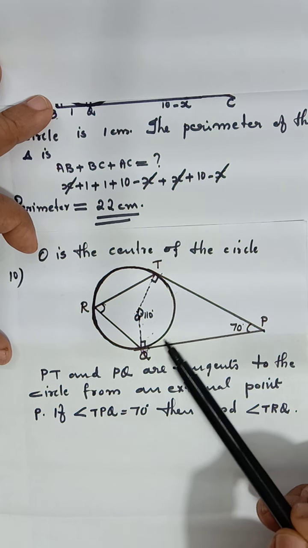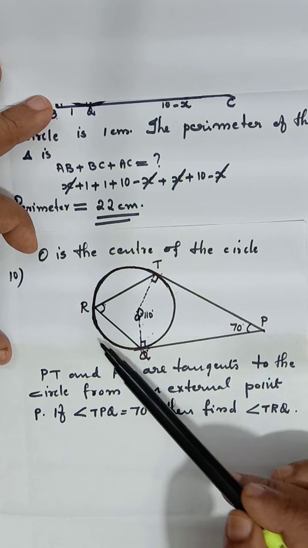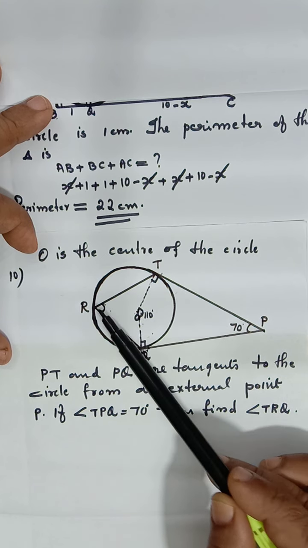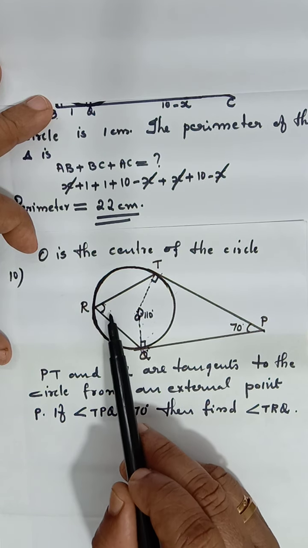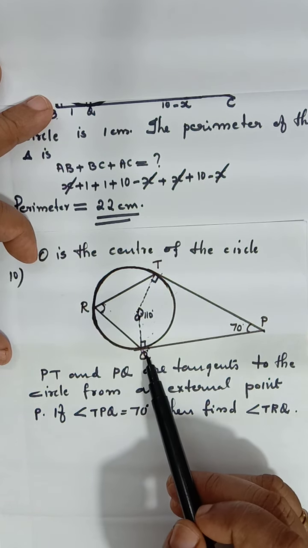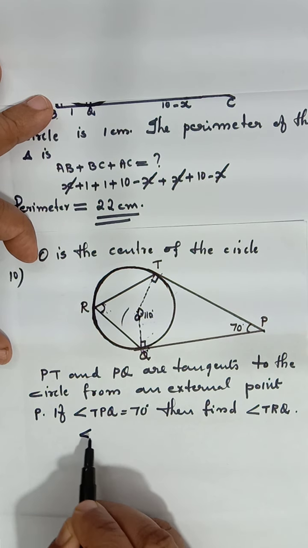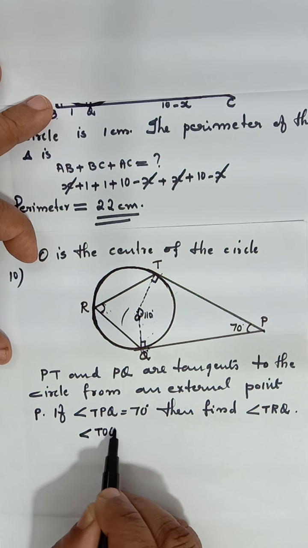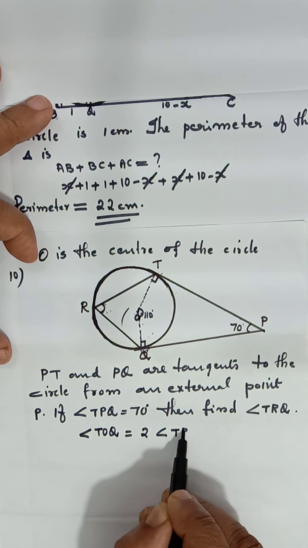The same arc TQ is forming another angle in the remaining part of the circle. So this is the angle TRQ. That will be half of 110, or we can say that angle TOQ is twice angle TRQ.